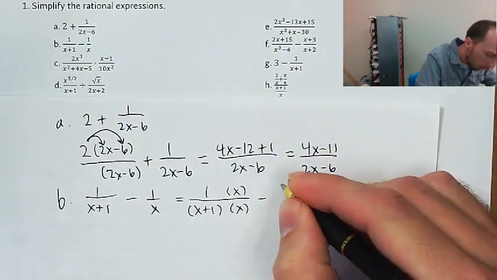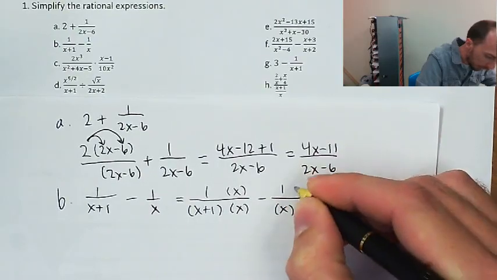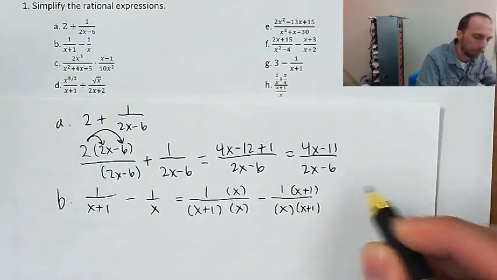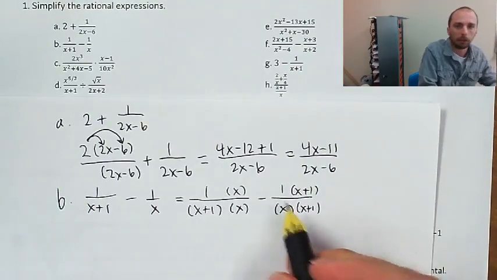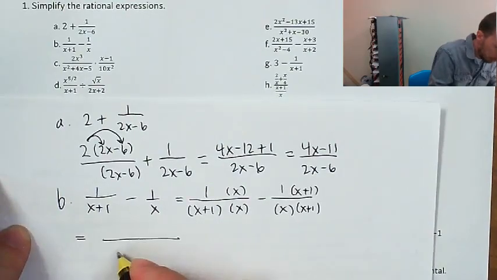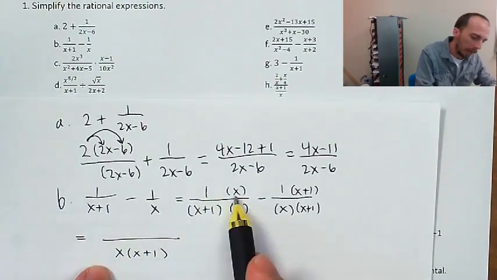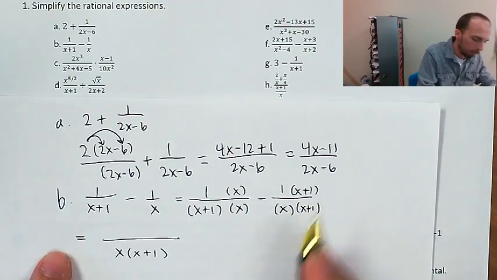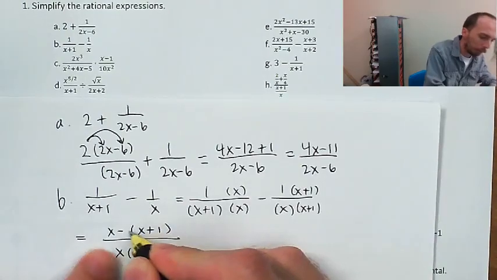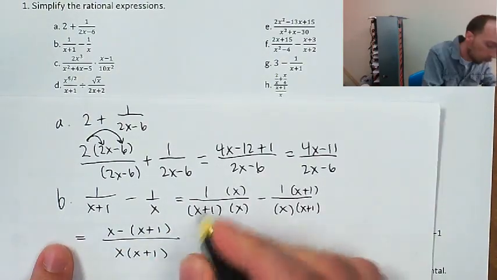Minus 1 over x, and I'm going to multiply by x plus 1 over x plus 1. So when I clean this all up and subtract them with a single denominator, x times x plus 1 there, I'll have 1x minus an x plus 1. So x minus all of x plus 1. So I'm subtracting the x and I'm subtracting the 1.